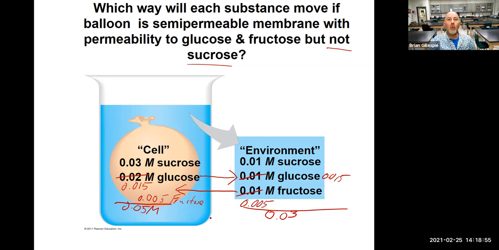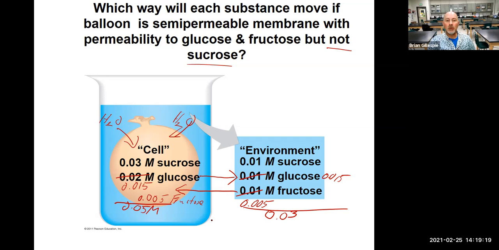Well, water follows the solutes. Where do we have more solute? We have it inside the cell. Water will begin to enter our cell and begin to dilute both of these down.